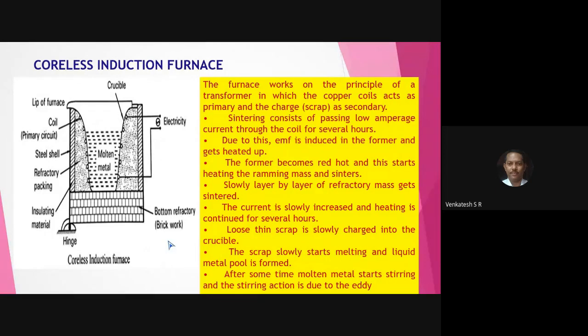All of you write down the coreless induction furnace.